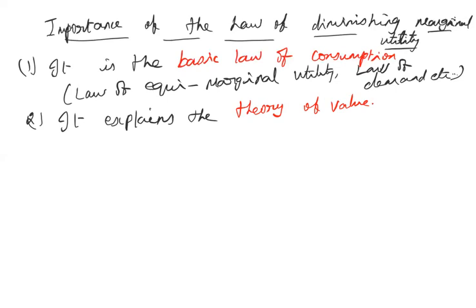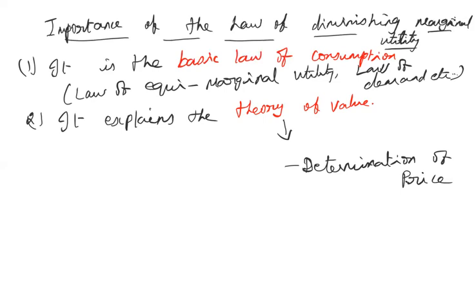Whatever price we are paying for a particular commodity is the value of that commodity. In other words, the theory of value is the determination of price. How the price of each and every commodity or service is being determined.